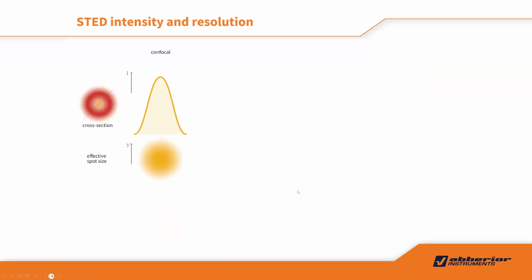Then let's see the STED intensity and the resolution. What's the relationship? In the confocal system, it's a Gaussian beam. That's the smallest dot size, the same as the effective spot size. You can do nothing. If now the STED beam is deployed in a donut shape and overlapped, if we draw a cross section, you see the red curve is the energy distribution of the STED beam. It overlaps the excitation beam, which is green at the back.